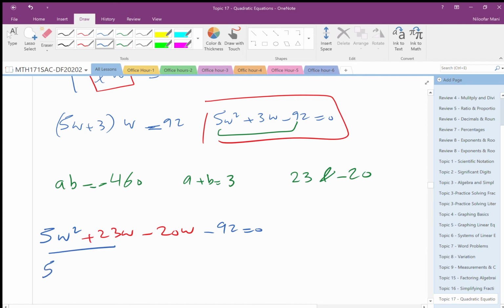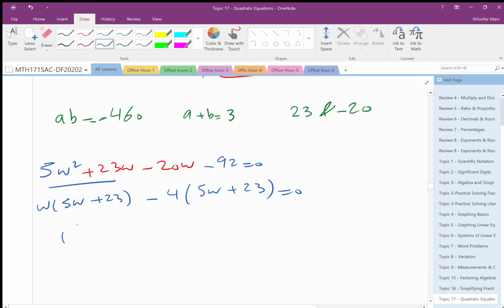I factor W, 5W plus 23, and minus, I factor 4, and it is 5W plus 23. Am I right? So 4 multiplied by 23, yes. Now it is 5W plus 23 multiplied by W minus 4 equals 0.